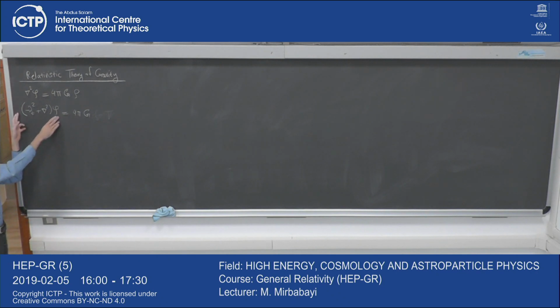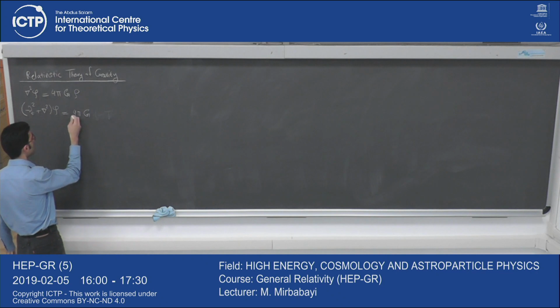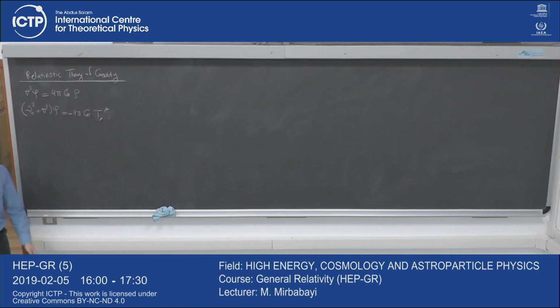The left-hand side is just a scalar. So what appears on the right-hand side should also be a Lorentz scalar. So we want to find a Lorentz scalar that resembles rho, or reduces to rho, the mass density, if we go to the non-relativistic limit. My claim is that, and we are going to check this, that candidate is the trace of the stress energy tensor.